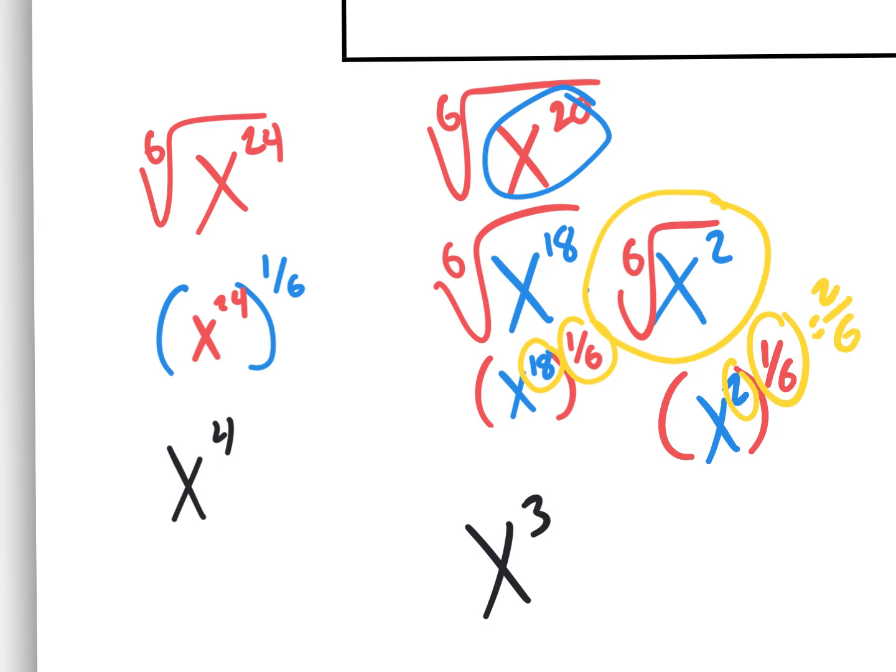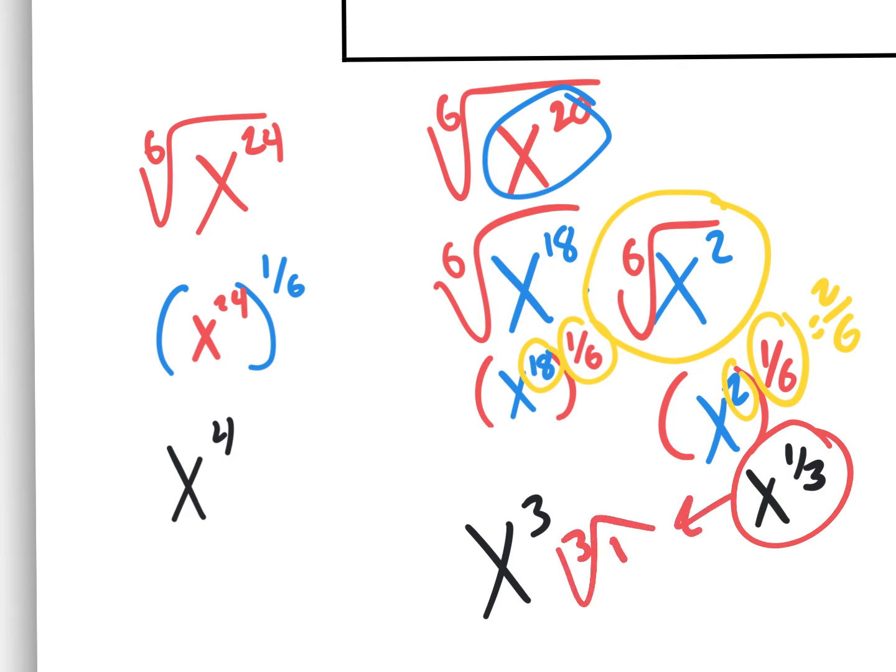So what we really have here is x to the 1/3. But you probably want to write it in radical form because we started with radical form. So the x to the 1/3 is really the cube root of x. Aw, dang. Pretty cool, huh?